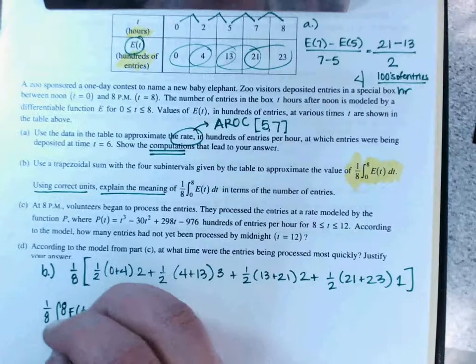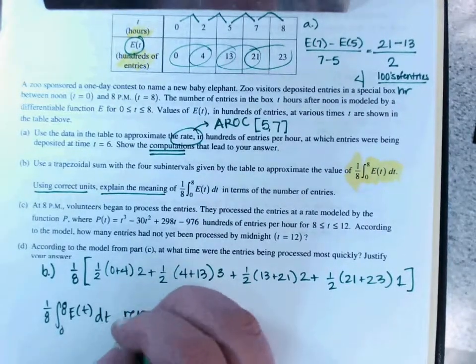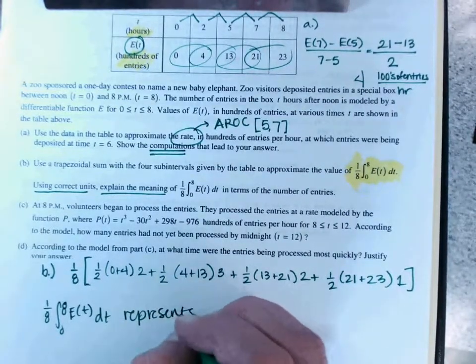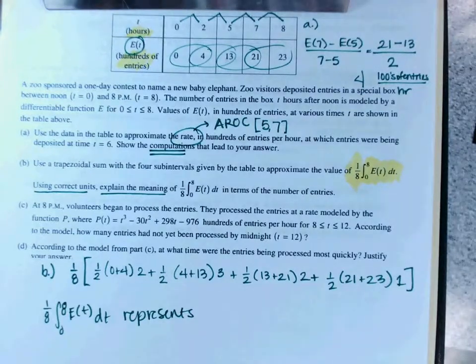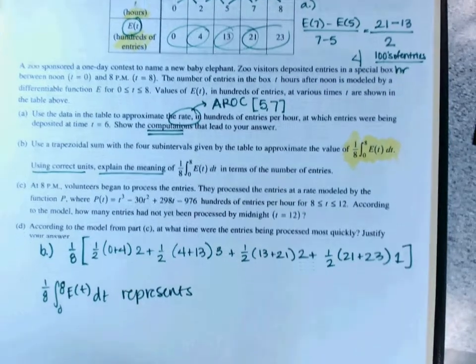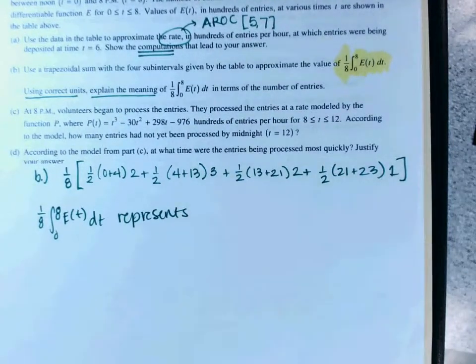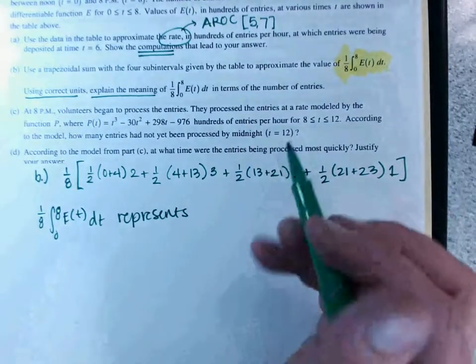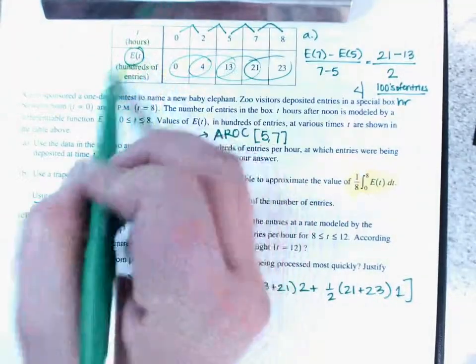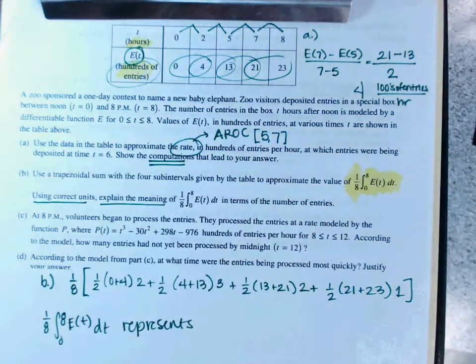Okay, so integral, blah, blah, blah, represents, what'd you put? Anyone can tell me what you put? Yes, the average value of what? What's in the chart? Hundreds of entries, right? Over what time period? 0 to 8 measured in hours. Very good.